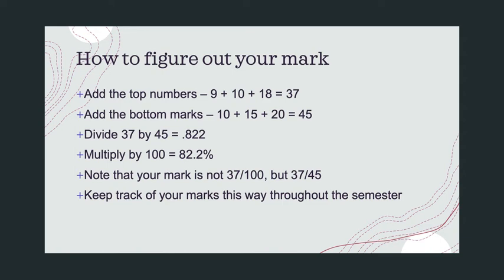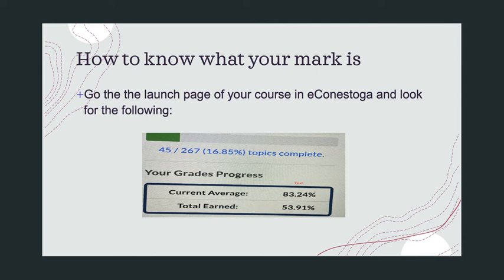Keep adding the top numbers together, add the bottom numbers together, and then divide the top by the bottom times 100. However, the easiest way to pay attention to your grades is when you go to the launch page of your course in eConestoga, in this case, LIBS 1810.